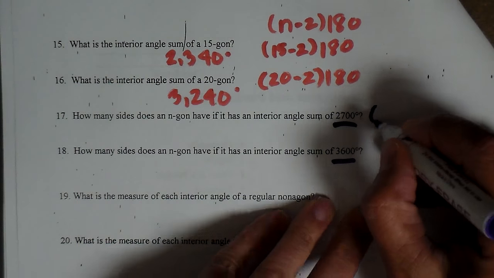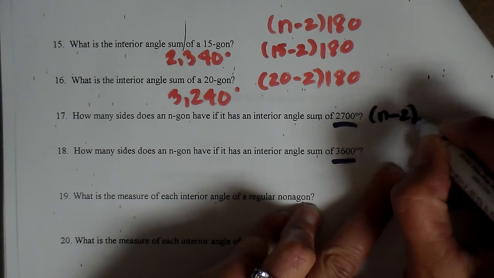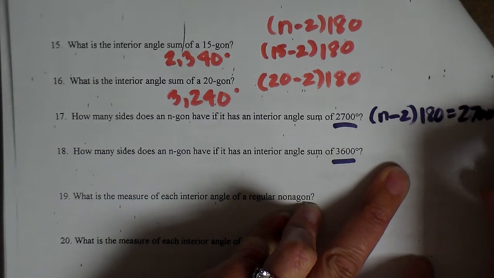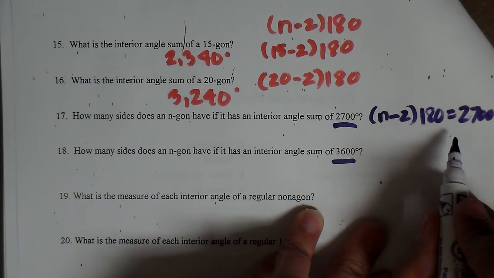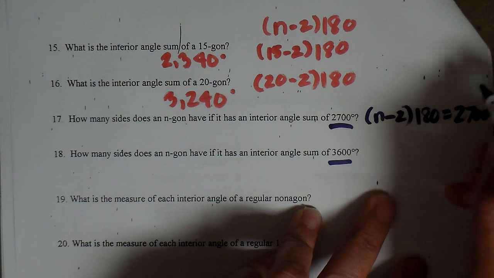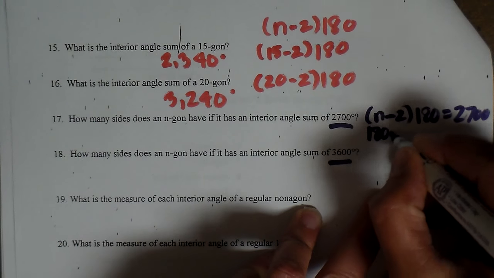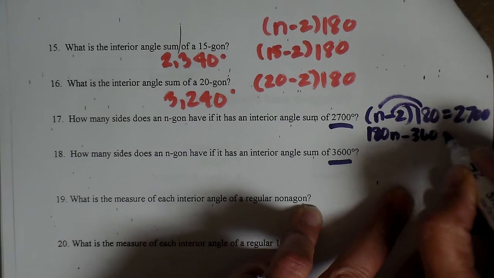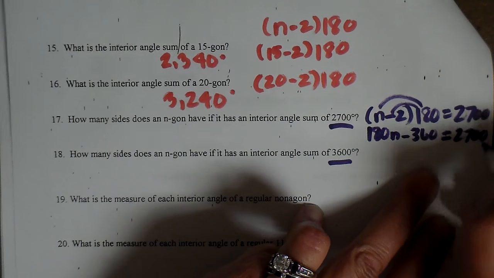Well, how do we get an interior angle sum? N minus 2 times 180 equals 2,700. That's where the 2,700 came from. So I can solve this out. That's 180 n, I distribute, and then minus 360 equals 2,700.